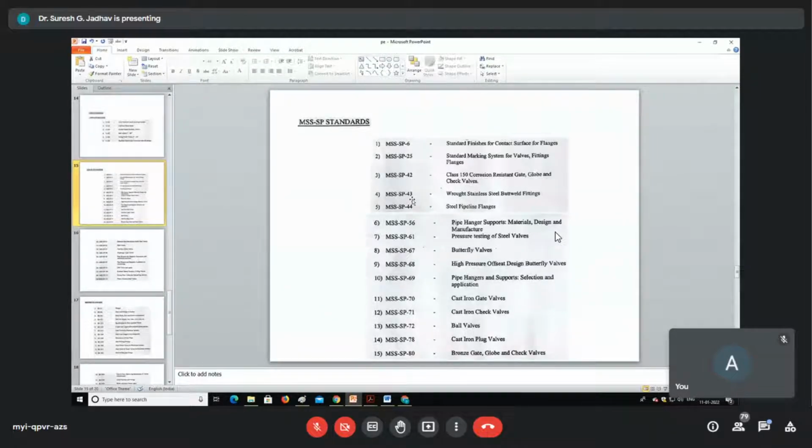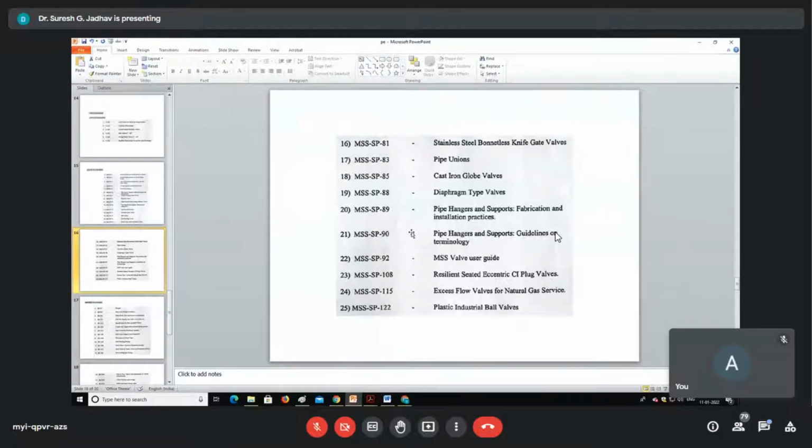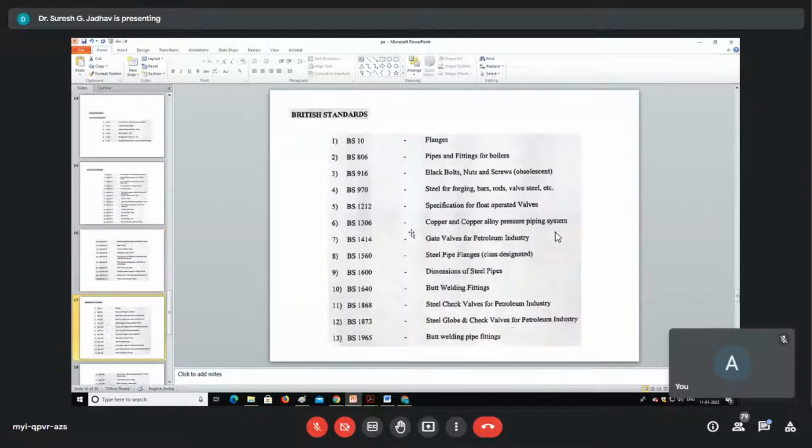Likewise, we can use different Manufacturer Standardization Society standards for butterfly valves, cast iron gate valves, cast iron check valves, ball valve, cast iron plug valves, branch gate, globe and check valves, and pipe hanger supports, material design and manufacture. So we can use different standards, that is MSS-SP-56, in chemical plants. Here you can see the different kinds of standards we are using in piping engineering.